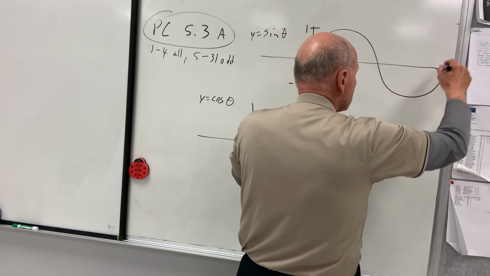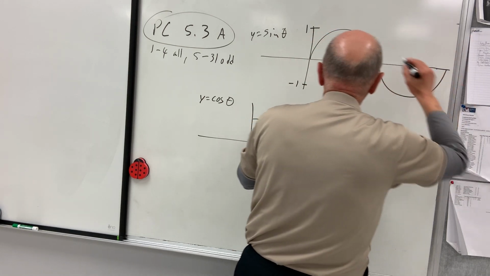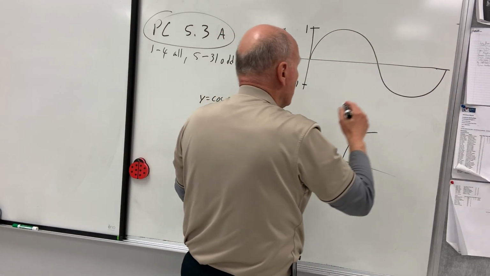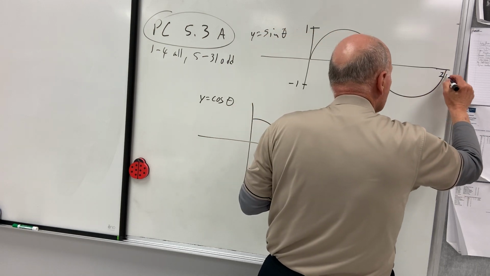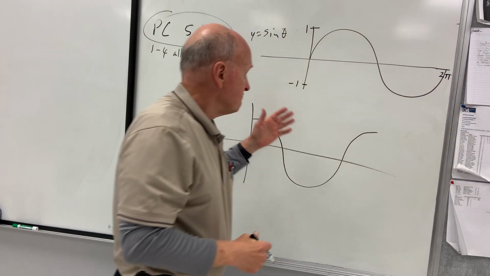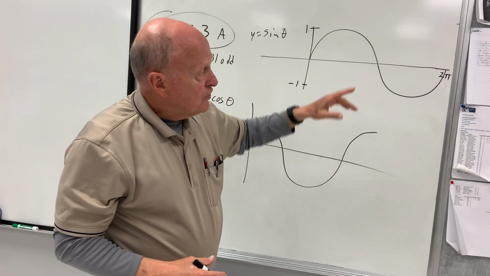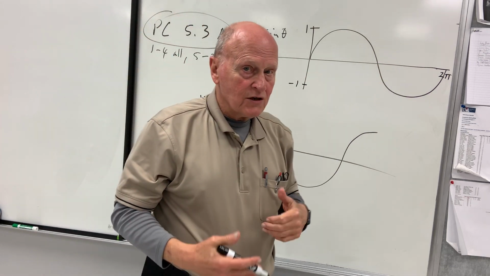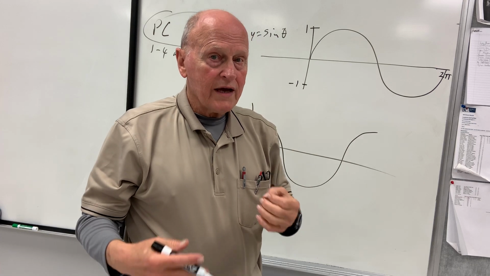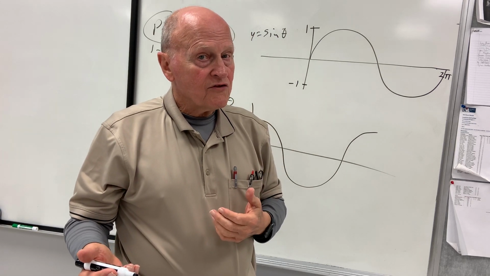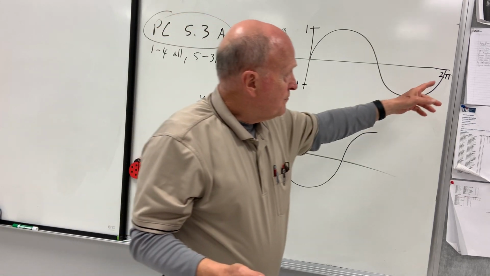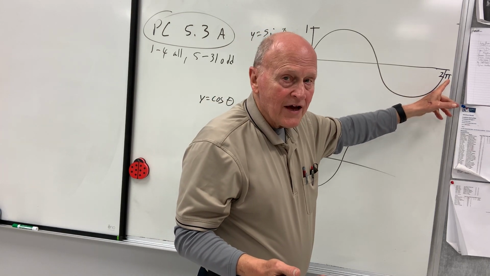This thing keeps going forever in both directions, but every 2 pi, it will have a complete rotation on it. And so we've got 2 pi. Now, when I label this, there's a reason I'm going to label it this way. You'll be better off if you do it. It just makes it easier to do. 2 pi is the period, so I put 2 pi here.